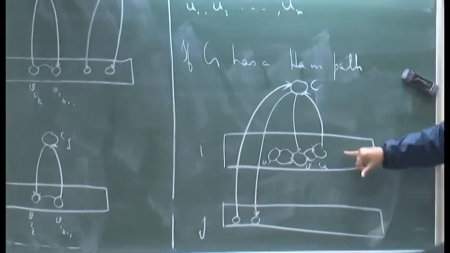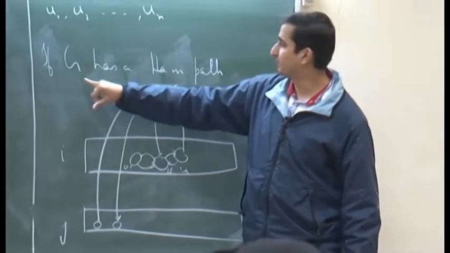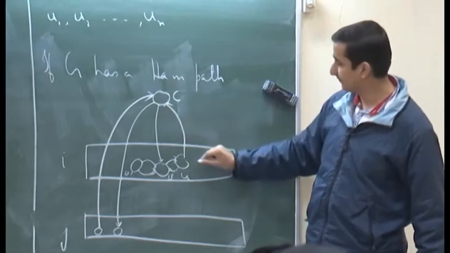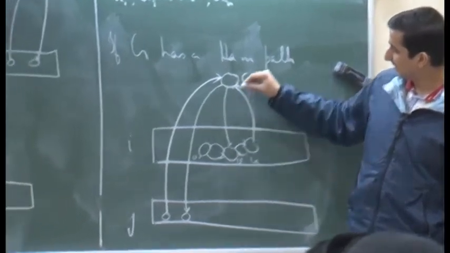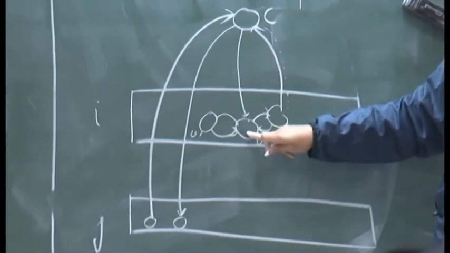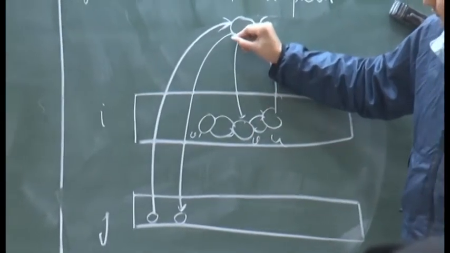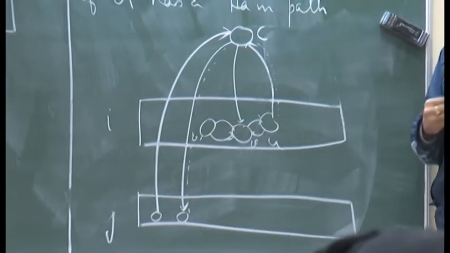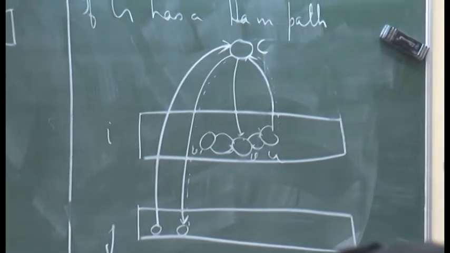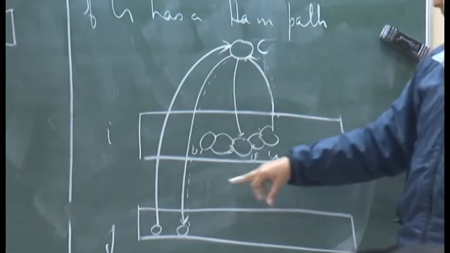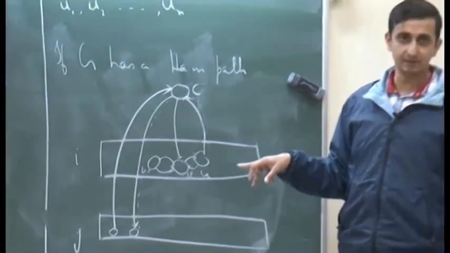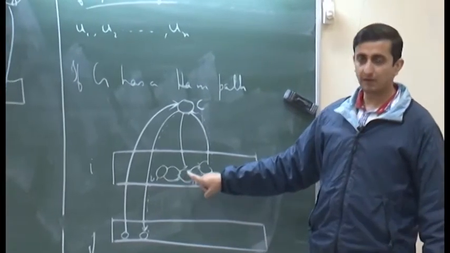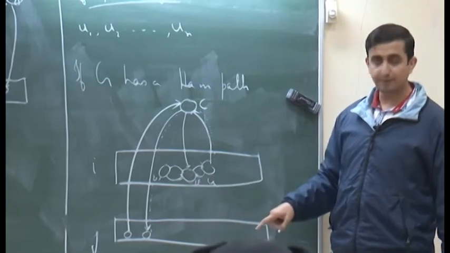Suppose after the Hamiltonian path that I am considering visits U, it climbs to this clause C. It takes this dotted path, and then instead of climbing back down to the same chain, it climbs back down to the jth chain. What is the problem with this kind of a Hamiltonian path? By definition the Hamiltonian path should visit every vertex exactly once. So, consider the point when this Hamiltonian path is coming to this vertex V. What are the ways in which it can come to V?